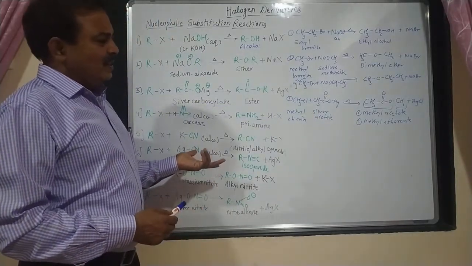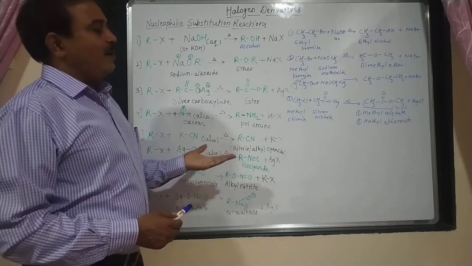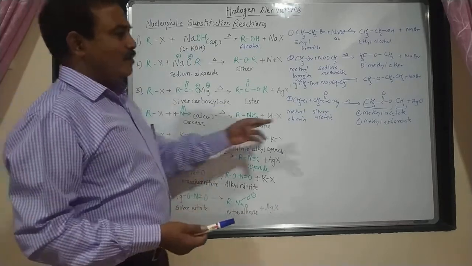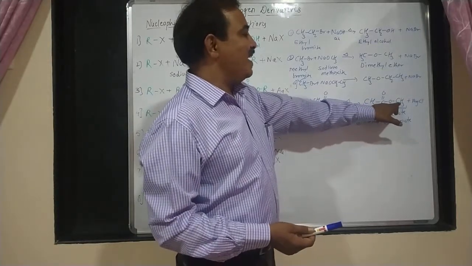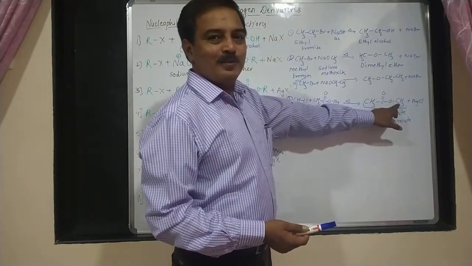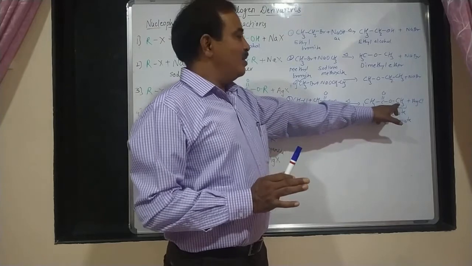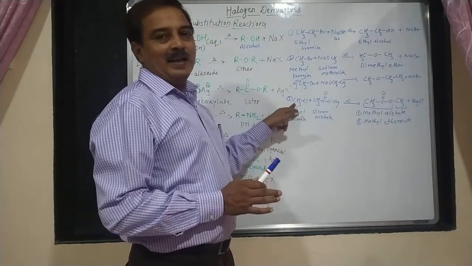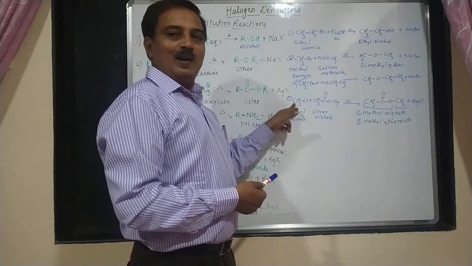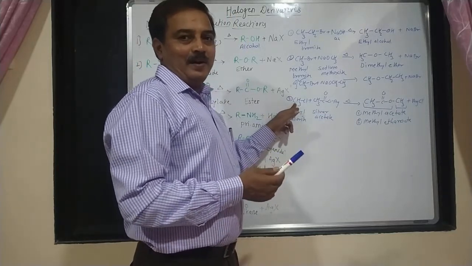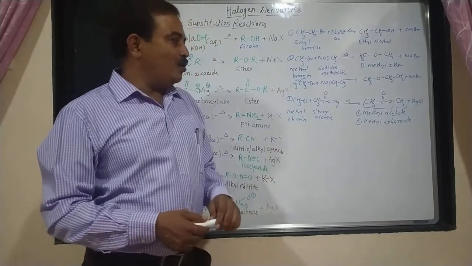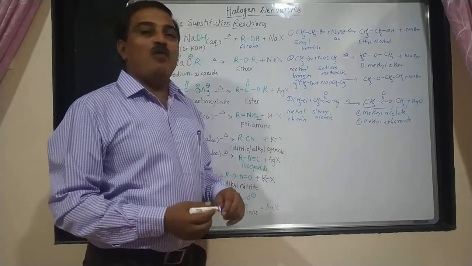Let us take another example. Suppose I want to prepare ethyl acetate. What will be the change in structure? In place of this methyl group, there will be a C2H5 group. So from where does this group come? From the alkyl halide. I will take ethyl chloride, ethyl bromide or ethyl iodide. Third example: suppose I want to prepare ethyl formate.